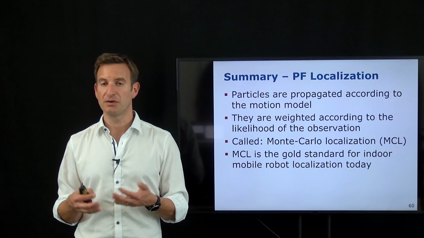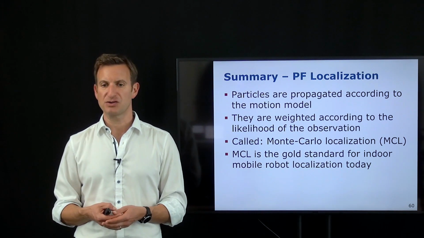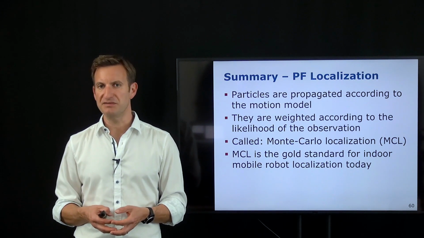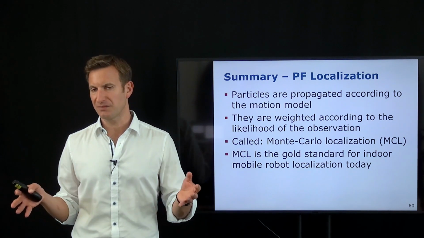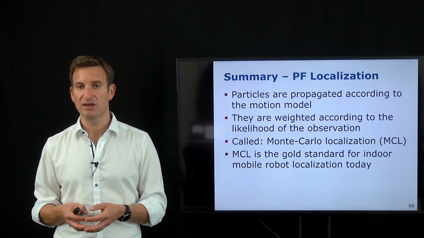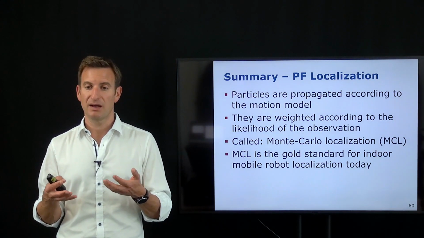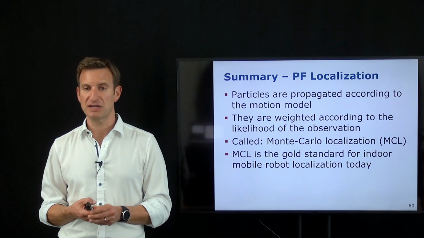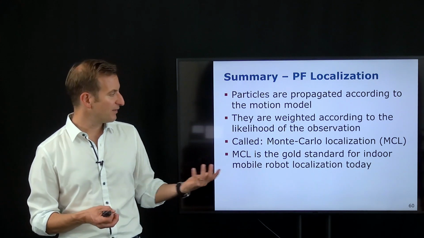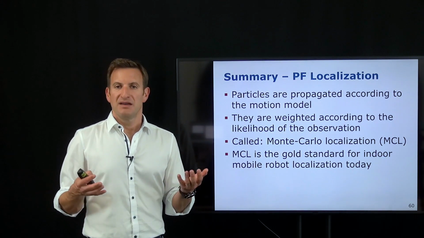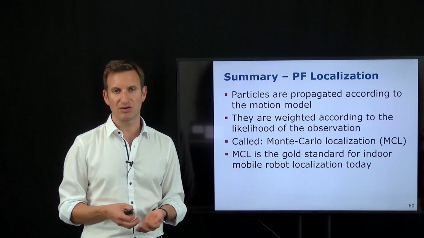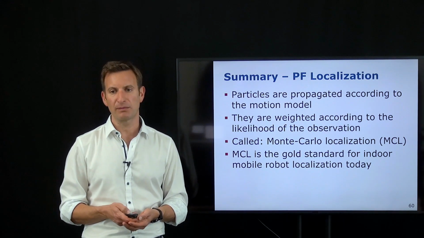This is called Monte Carlo localization, and is today one of the standard choices for performing mobile robot localization, especially if you're indoors, if you have to deal with multimodal beliefs and cannot rely on external sources which restrict your estimate to a small number of hypotheses or even a single hypothesis, so that you could use a Kalman filter, for example, as the estimation technique. So MCL is one of the standard choices, and the test of time has proven within the last 20 years that MCL is a very robust and efficient localization technique for mobile robots.